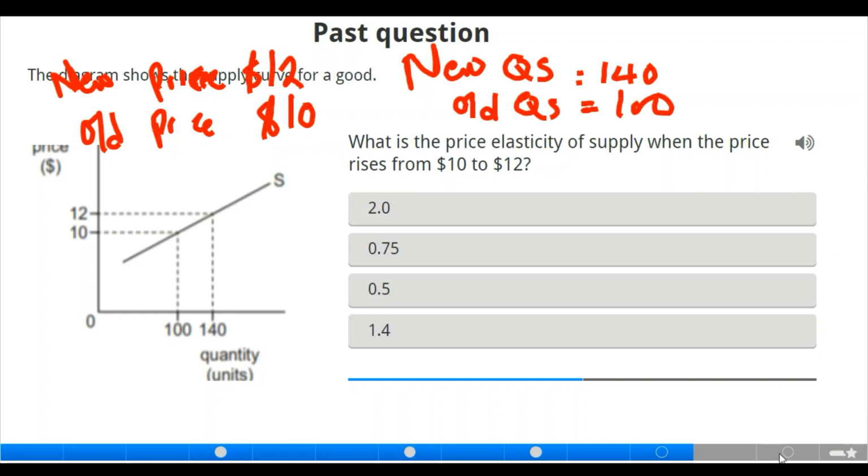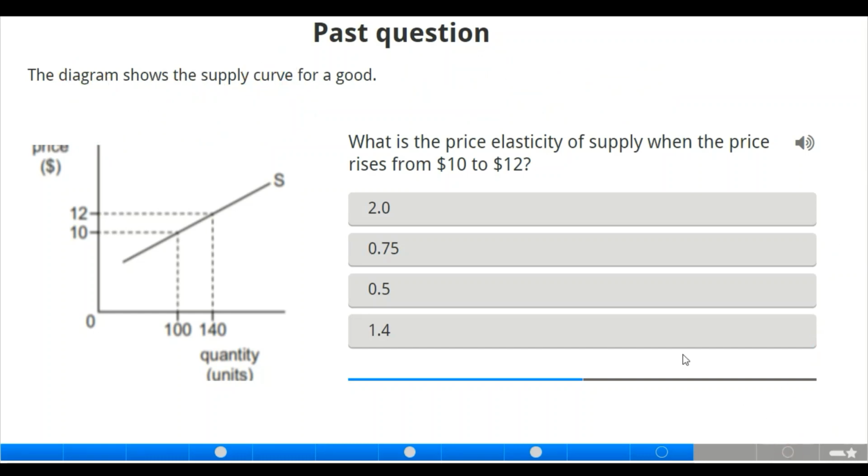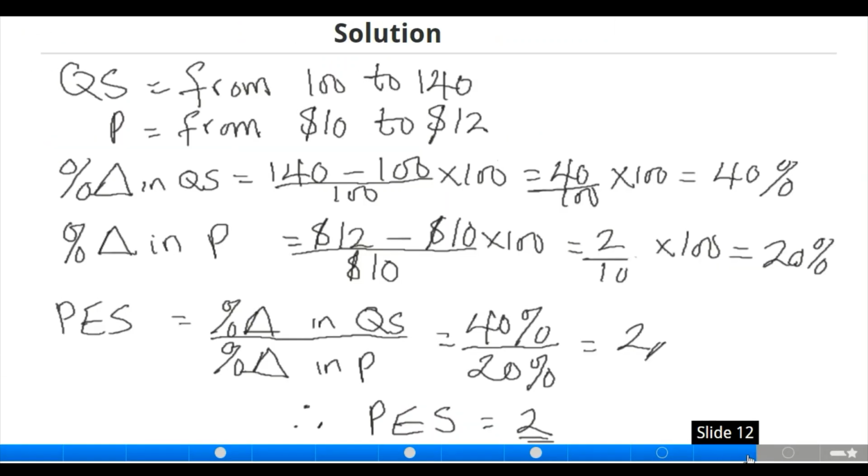Now let us move to the calculation here, the next page. Moving to the calculation, since we have already known our new price and our new quantity and the old of both.